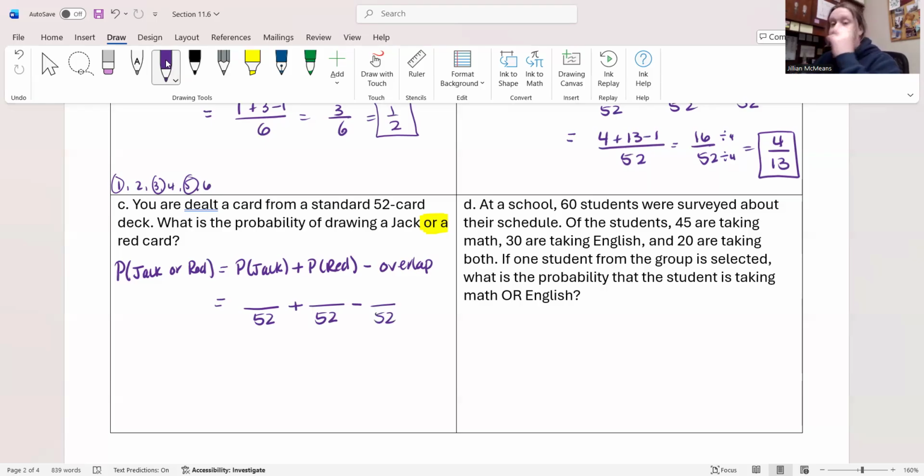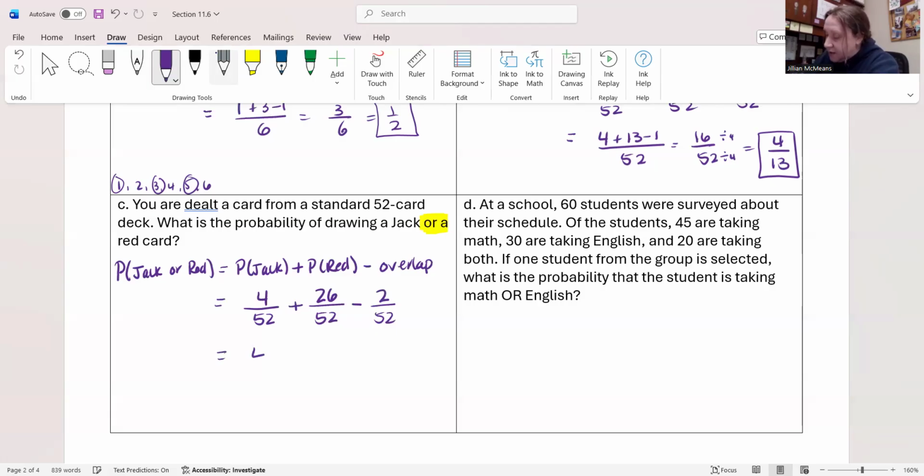So how many cards are jacks? In a deck of cards, 4 are jacks. 26 are red, but of those red cards, some are also jacks. We have the jack of hearts and the jack of diamonds, and that's being counted in both the jacks and the red cards. So we have to subtract that overlap out. We want to subtract the 2 cards that are being counted twice.